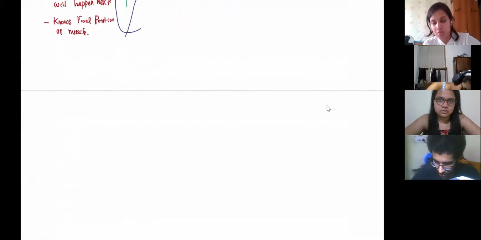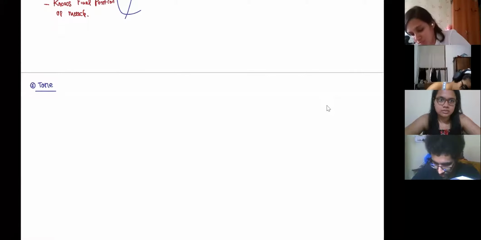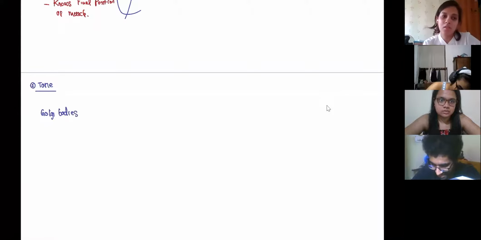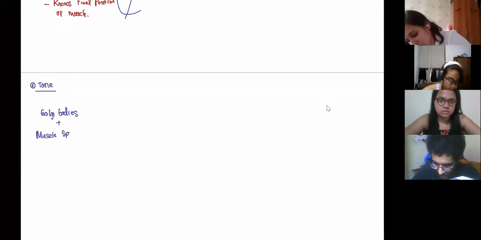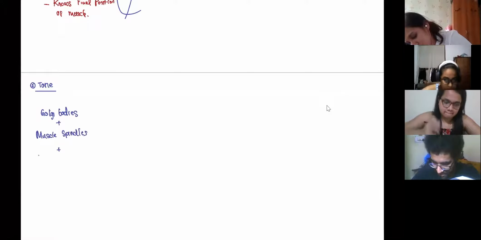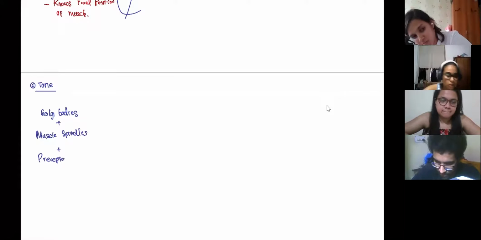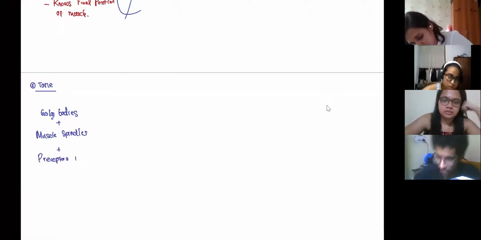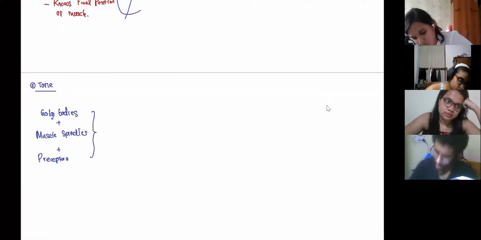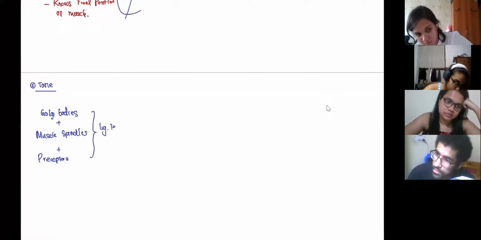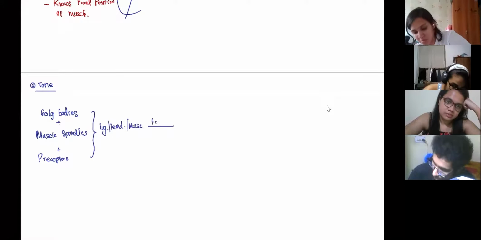Now, the next one is the tone. So, our Golgi bodies plus muscle spindles plus pressure receptors, all these which are present in ligaments, tendons, muscles, they will fire.